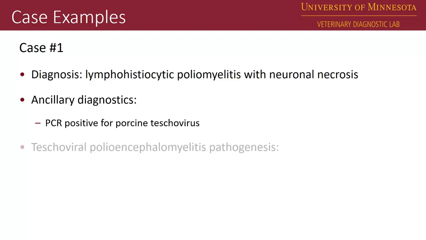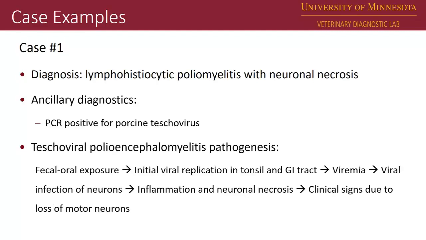This has been described for a number of years. When we look at the pathogenesis of why we get this, fecal-oral exposure is thought to be the most likely route. The virus comes in, most pigs are exposed, and it replicates in the tonsil and the intestine. Most of the time it's asymptomatic, they don't have any problems, but there's going to be a subset, or potentially if they've never been exposed to that particular virus before, or the gilt hasn't been exposed, you get a viremia that allows viruses to get into those neurons.